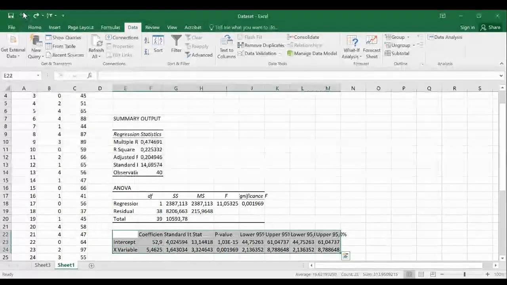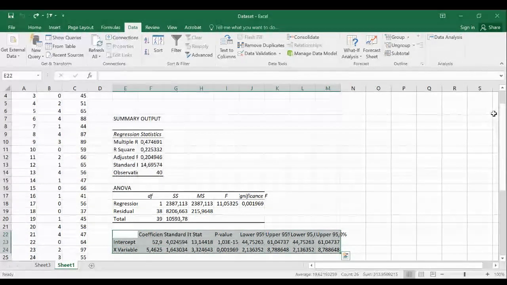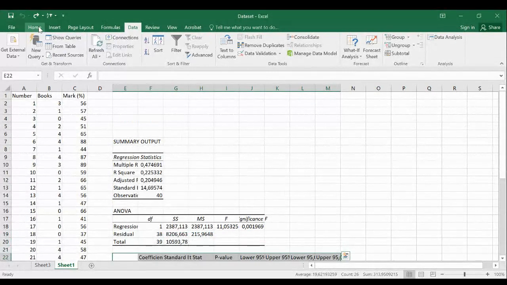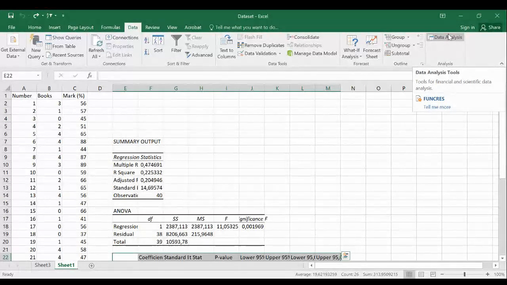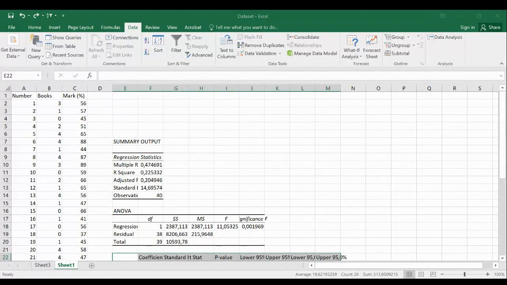So let me start. What you do, there's file, home, insert, page layout, formulas, and data. So you click data. Then top right side there's data analysis. You click data analysis. There are a lot of options here.